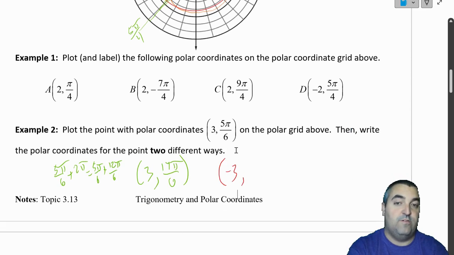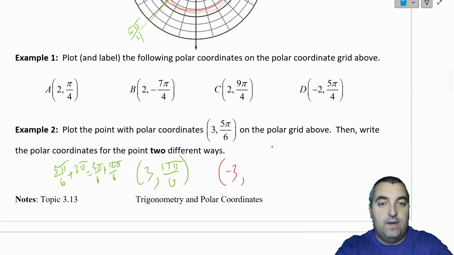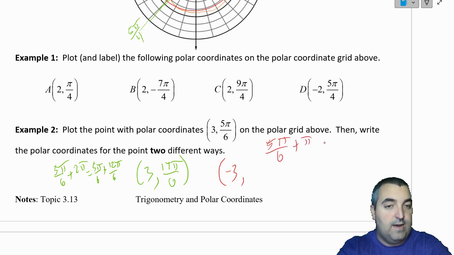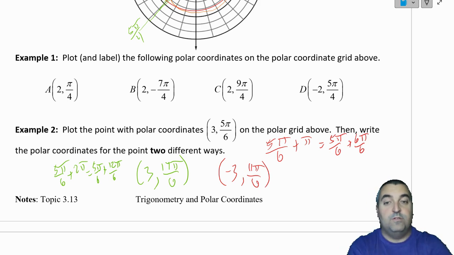So I have to either add pi or subtract pi. I'm just going to add pi. Again, common denominator, we add 6 pi over 6, which gives us 11 pi over 6. And there's another answer.